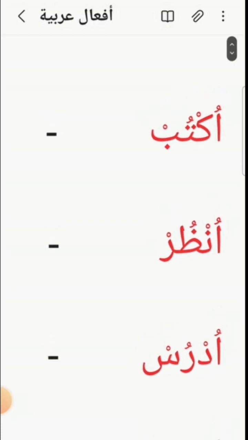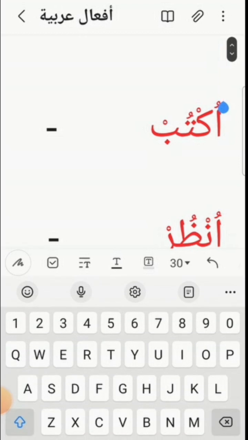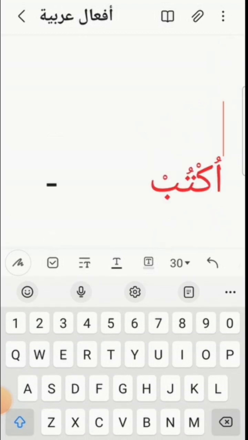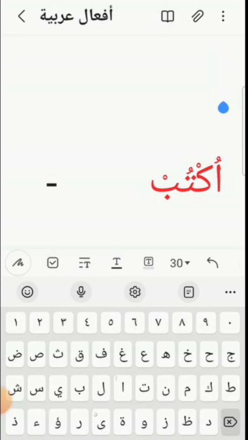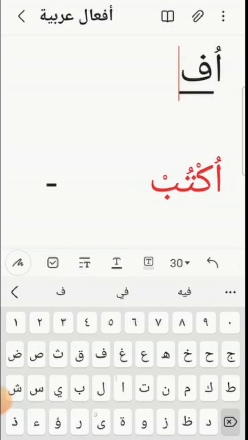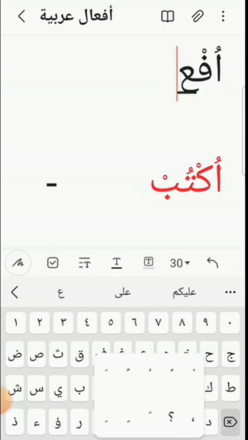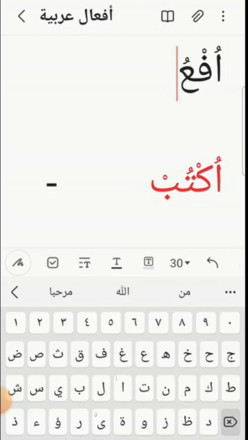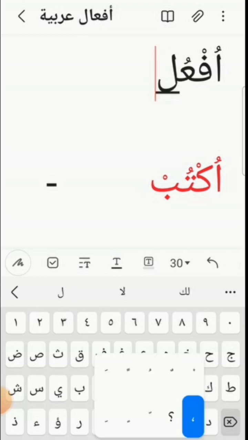Uf'al. So the Arabs very much make use of patterns, so they will call this, as I said there, the uf'al pattern, right?